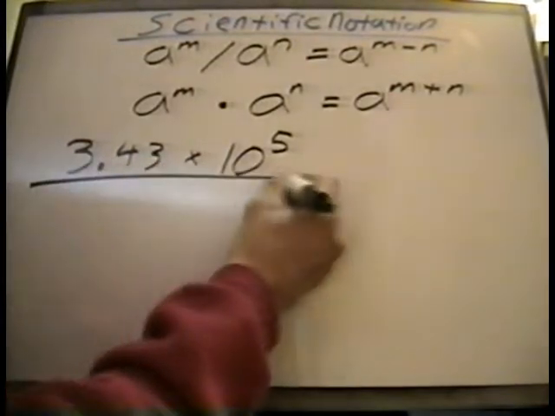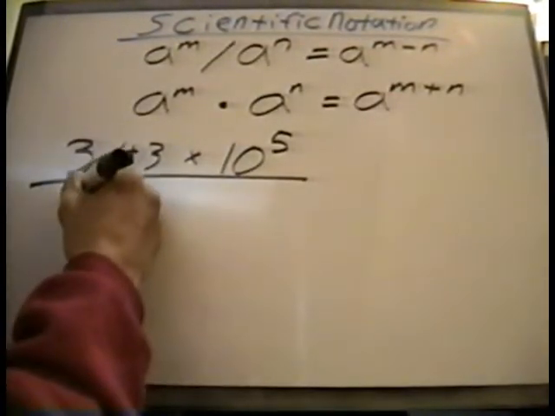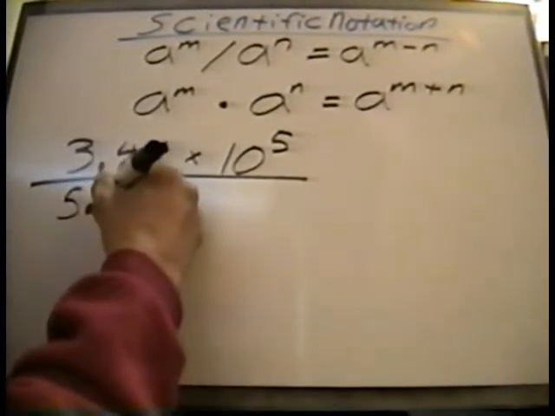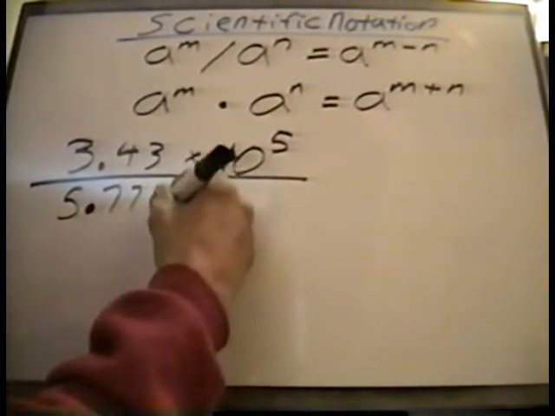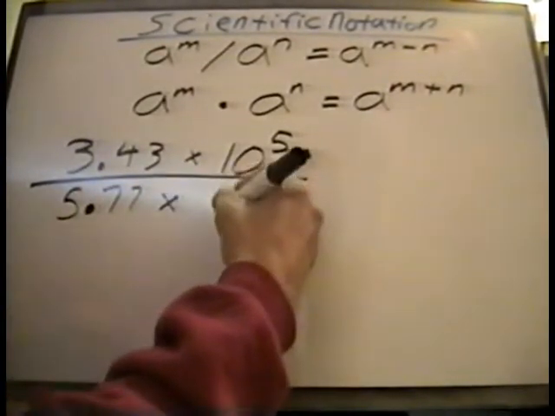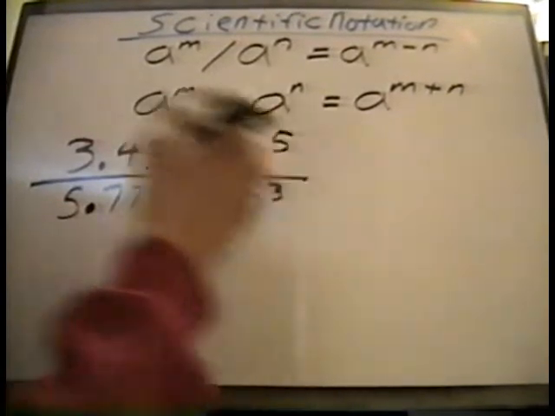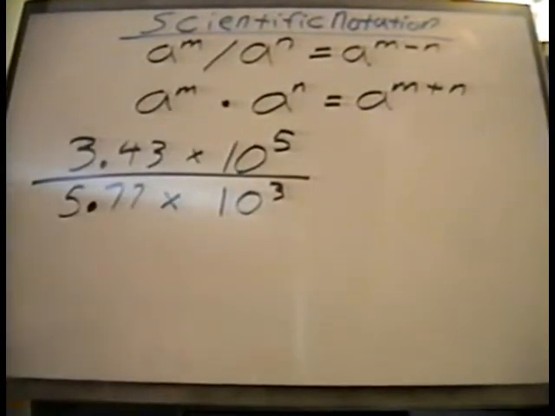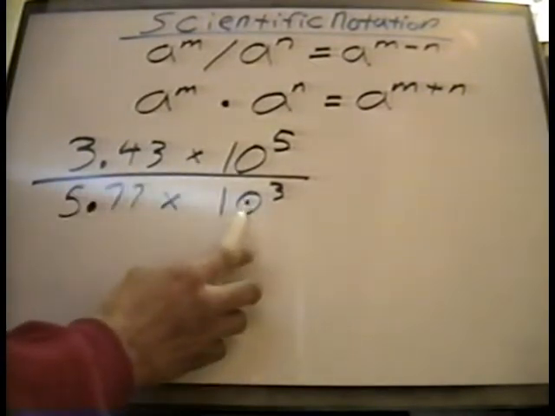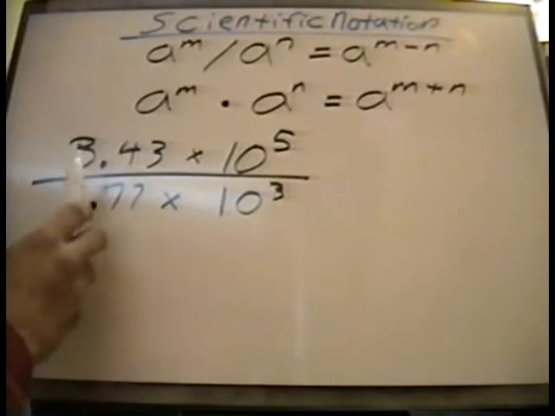Let's say you have to divide two numbers in scientific notation. So how do we do this? What you can do is treat the powers of 10 separately from your decimal numbers. So you treat it like so.